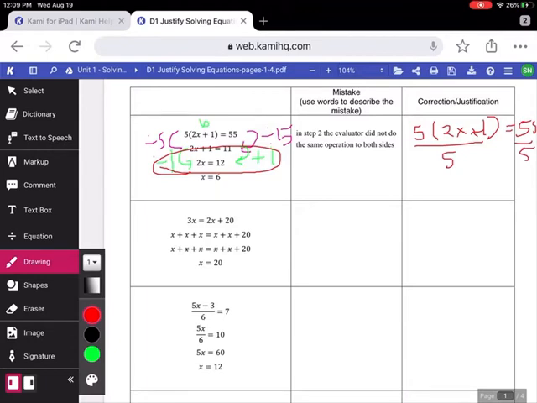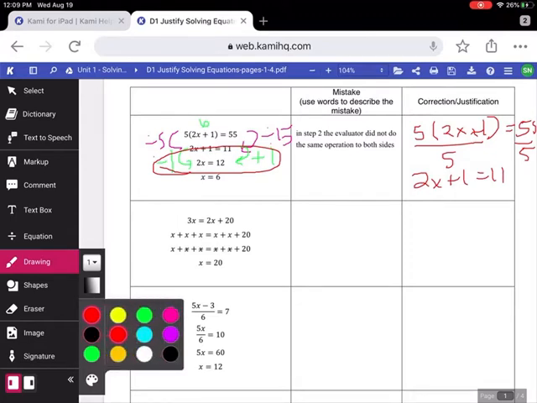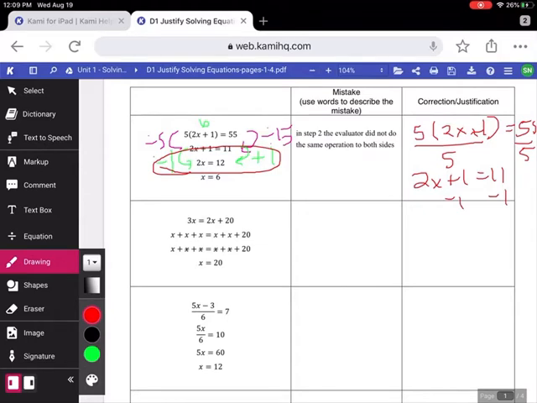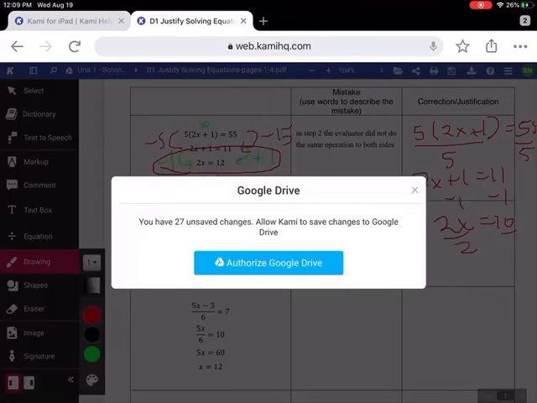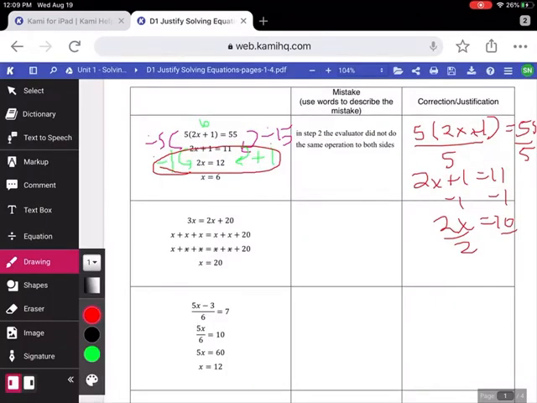It cancels over here, so I get 2x plus 1 equals 11. This is where they went wrong. Instead of subtracting 1 on both sides, they accidentally added 1 on the other side. We're actually going to get 2x equals 10, and then we can divide by 2.